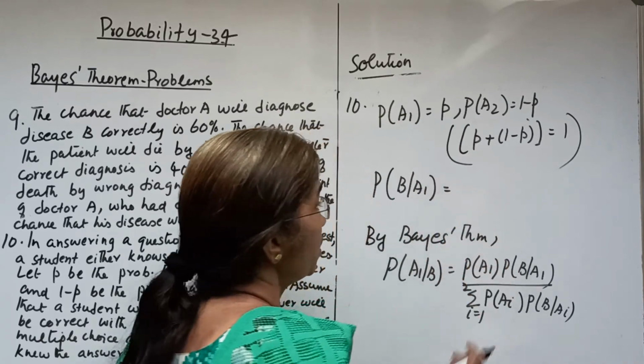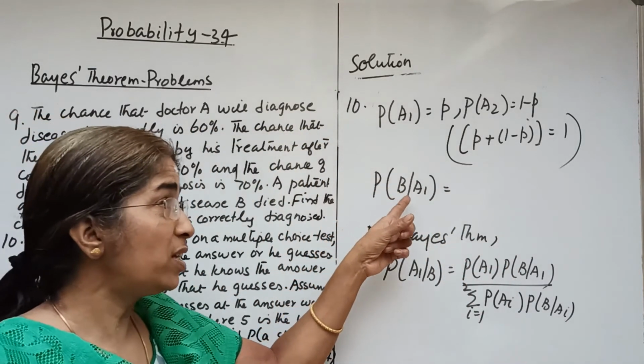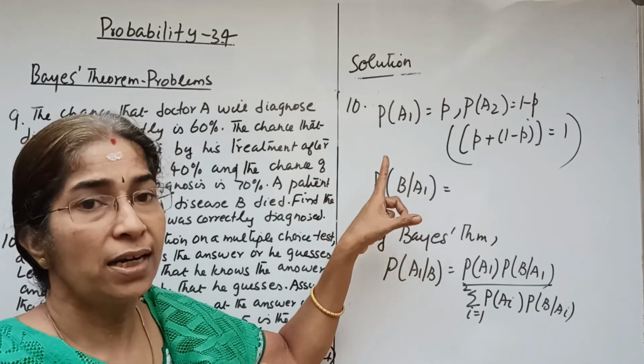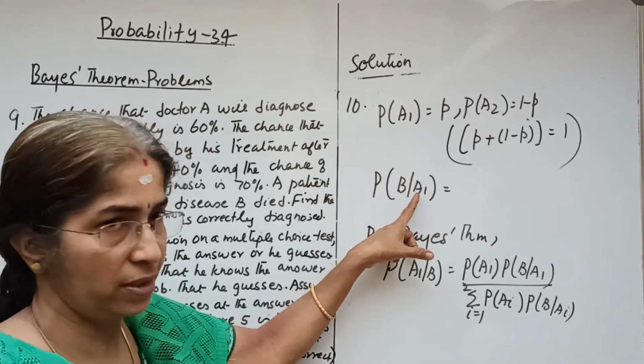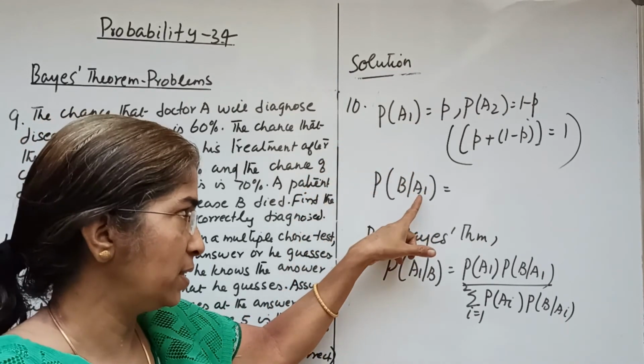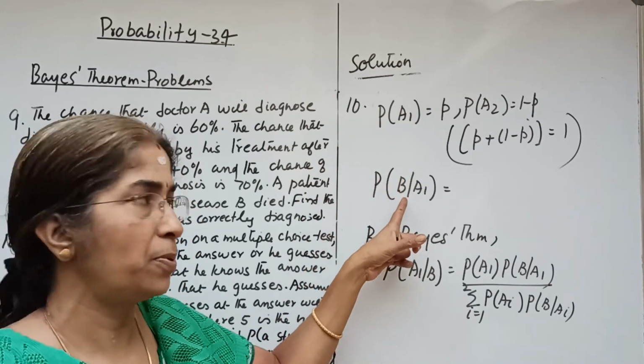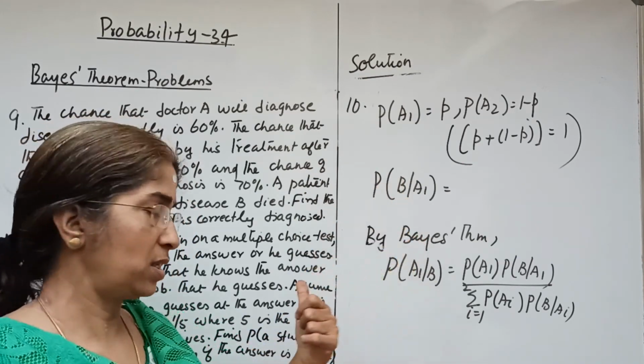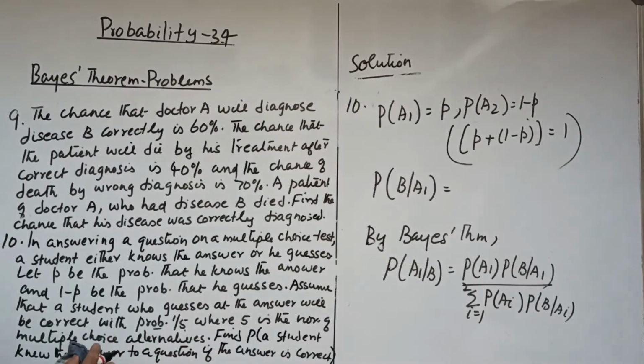What is P of B given A1? It is very important to note that under the assumption A1, that he knows the answer, we require the probability the answer is correct. Here this is not given.